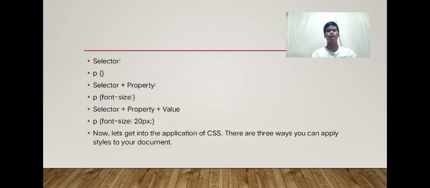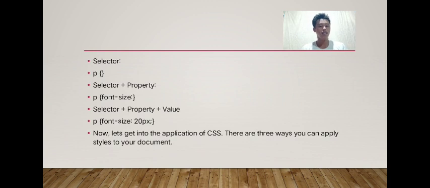So selector P, and the selector plus property plus value. P stands for selector, open and close curly braces, font size, which has a value of 20px. So now let's get into the application of CSS.